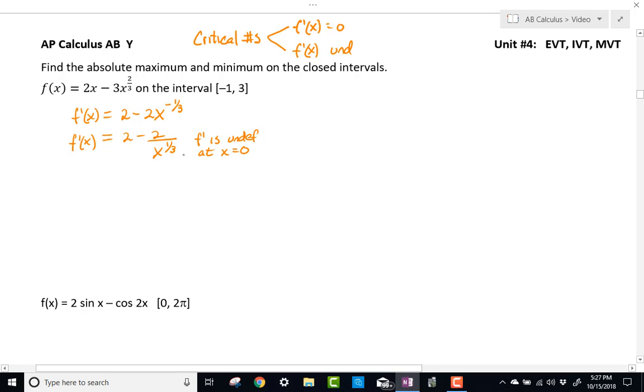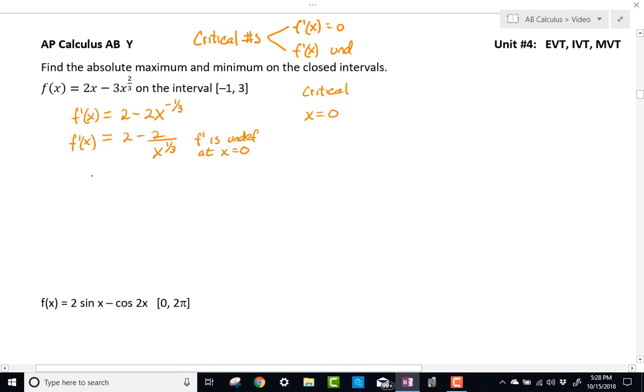I cannot use 0 in this function right here, otherwise I end up with 2 over 0. So that's a potential critical value right there, x equals 0. Okay, so we're going to list critical values here. So we're going to do x equals 0, and we'll check that in a minute.